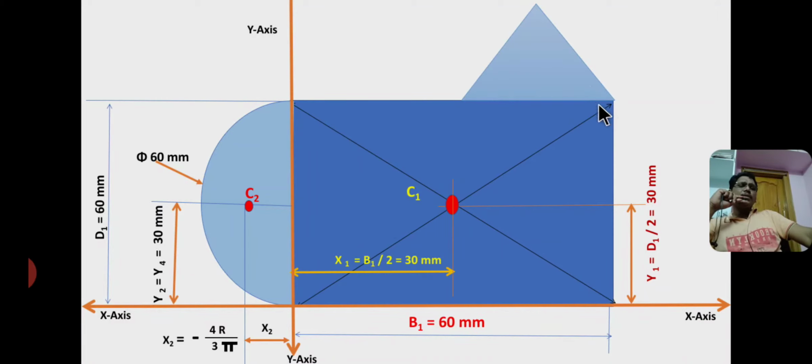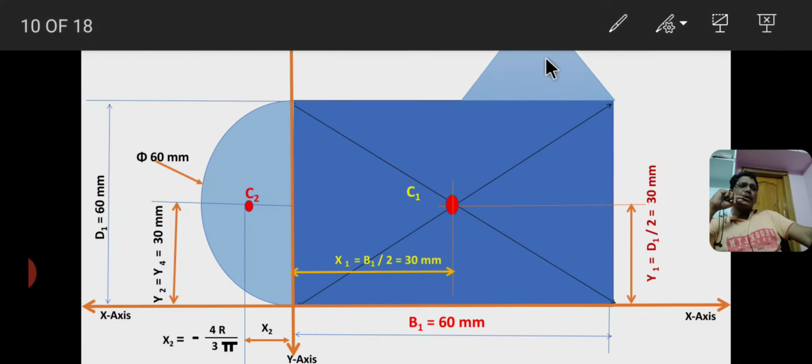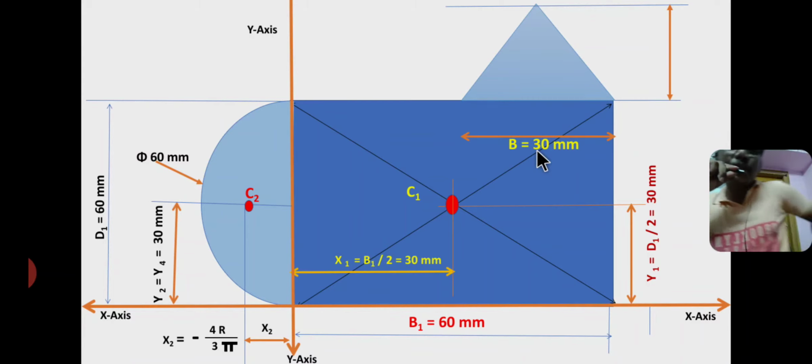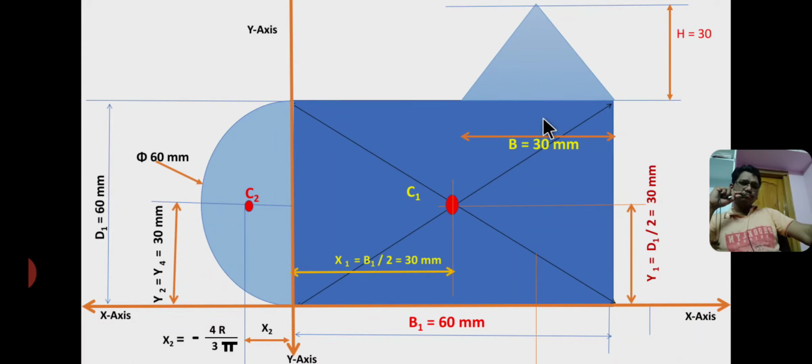And similarly I consider the third section as a triangle having base b equal to 30 mm and height h equal to 30 mm. In the previous slide I explained the centroid of a triangle. The centroid of a triangle lies on the symmetric axis.